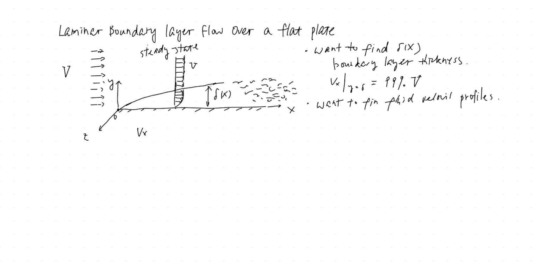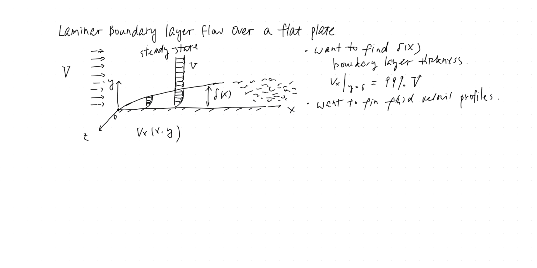It will be a function of x and a function of y. The reason it's a function of x is that, as the flow goes down the plate, the boundary layer differs from location to location. So the velocity wouldn't be a constant in x. And it's also a function of y because you have zero velocity from the no-slip condition and a transition to the bulk flow.